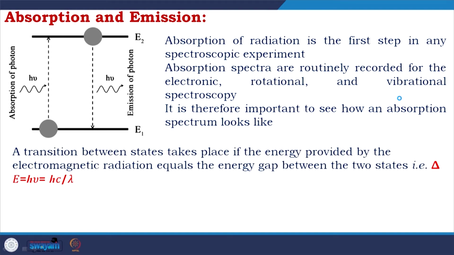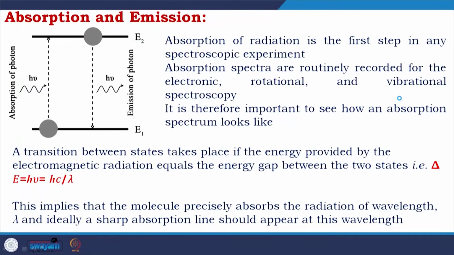A transition between states takes place if the energy provided by the electromagnetic radiation equals the energy gap between the two states. So E equals h nu equals h c by lambda, the delta E, the change of energy. This is what we discussed in detail in NMR, if you remember the resonance. This implies that the molecule precisely absorbs, remember the precession or Larmor frequency in NMR, the radiation of wavelength lambda, and ideally a sharp absorption line should appear at this wavelength.